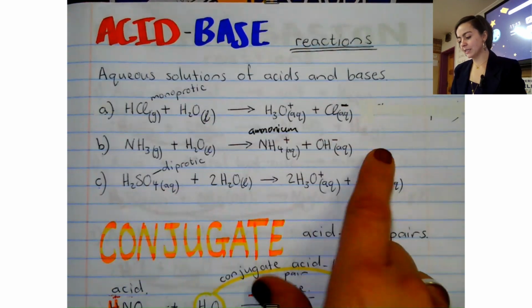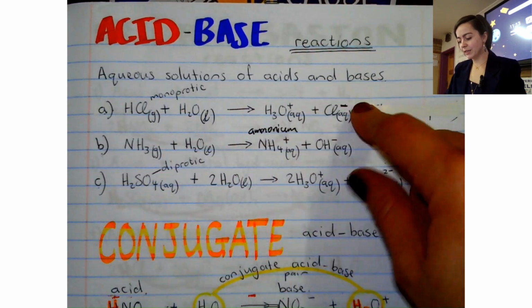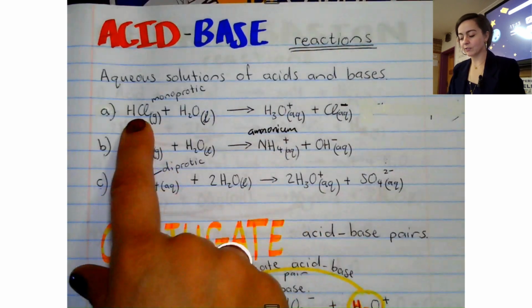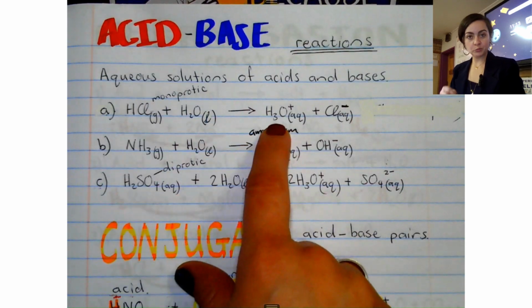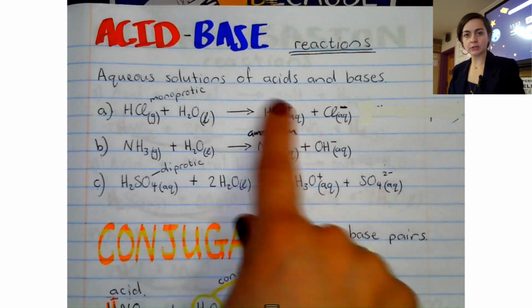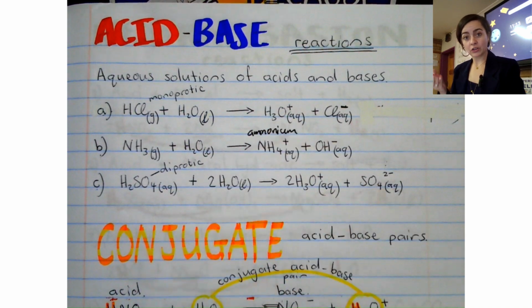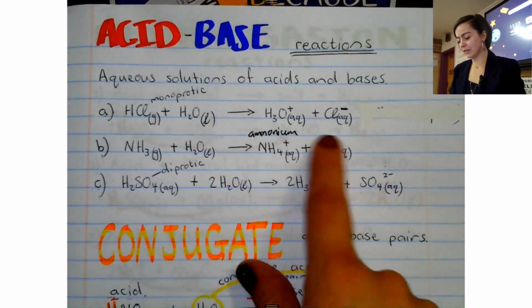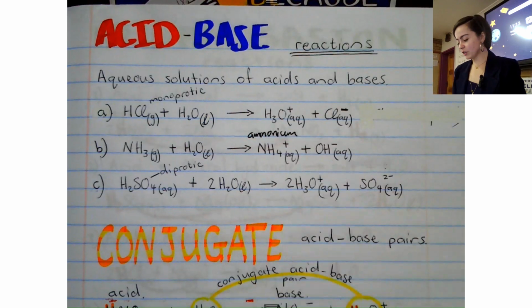So this is obviously a base. This is an acid. We know, because we've learned that hydrochloric acid is an acid, but we can see that what is produced is hydronium ions, meaning it will increase the hydronium ion concentration. In this case, what is produced? Hydroxide ions. So it will increase the hydroxide ion concentration.